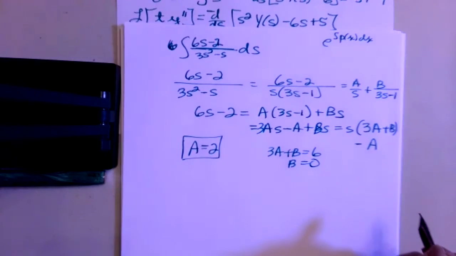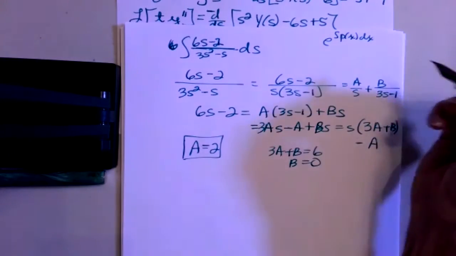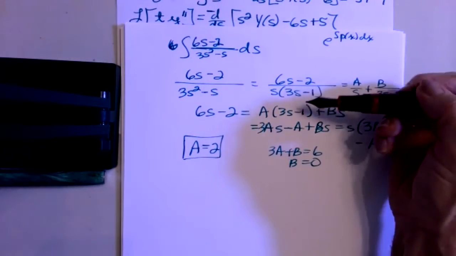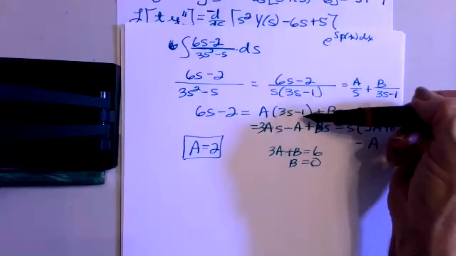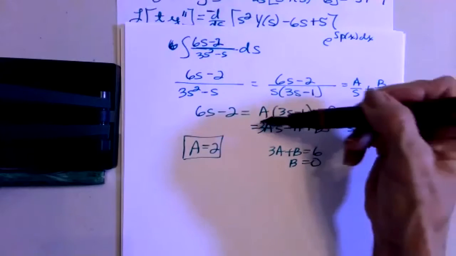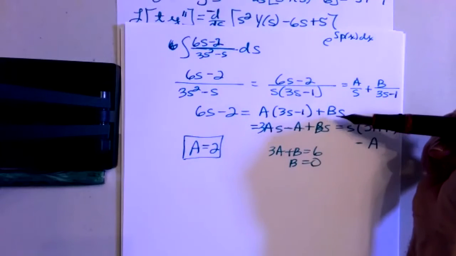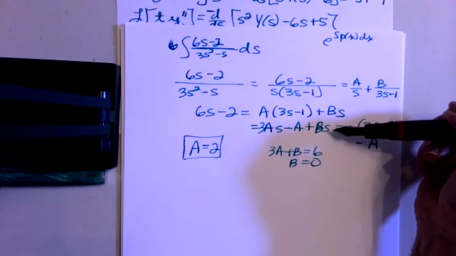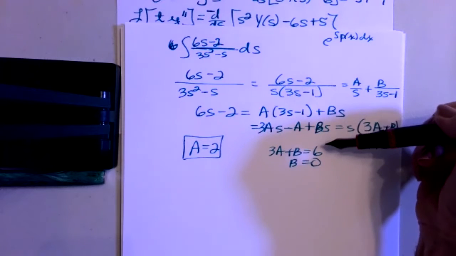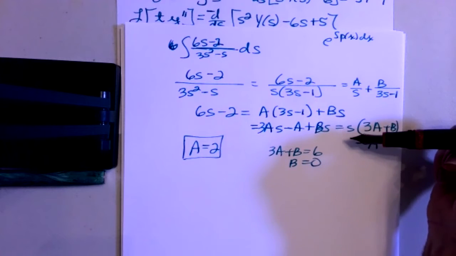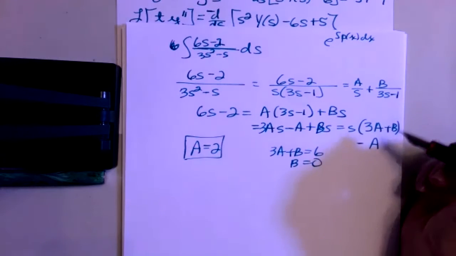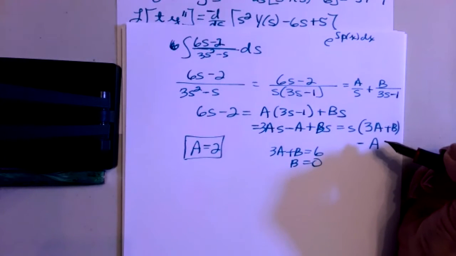That can't be right. All right, something is amiss here. What did I do wrong now? Three As minus A plus Bs, 3A plus B is 6, and minus A is minus 2, so A is 2.